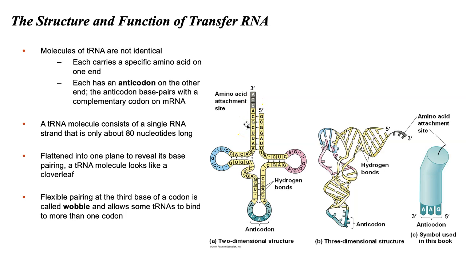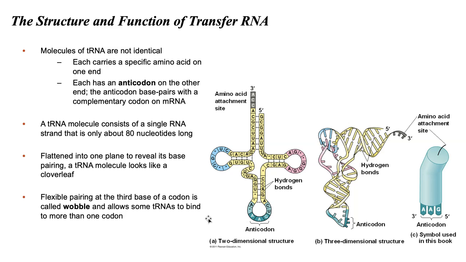Remember, DNA is double-stranded, but RNA is single-stranded. So this is one continuous strand, which does double back on itself, and there is complementary base pairing. So that absolutely still happens, and that affects its 3D structure, which is what we see here. That is a tRNA.